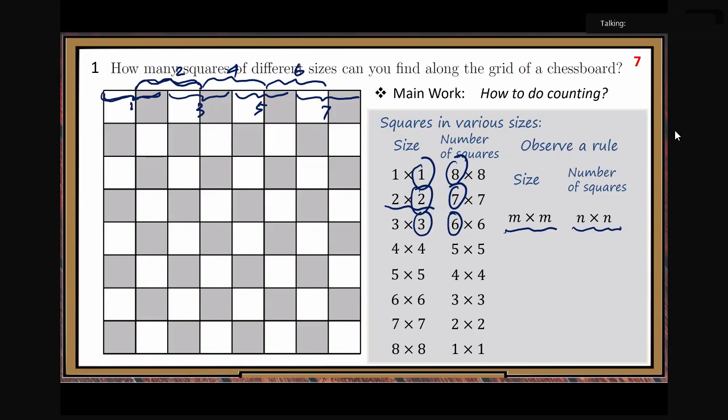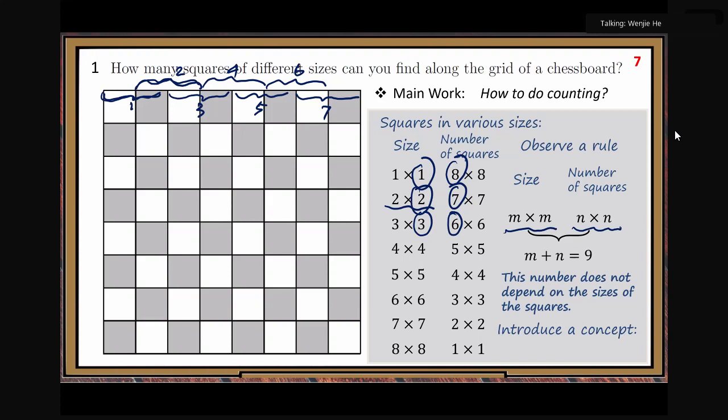Then the sum of these two numbers, m number and n number, equals 9. M plus n equals 9. So this property, we have a concept for it. We call it invariance property.